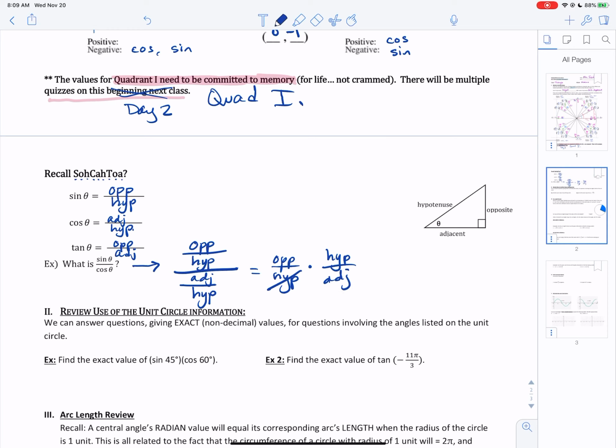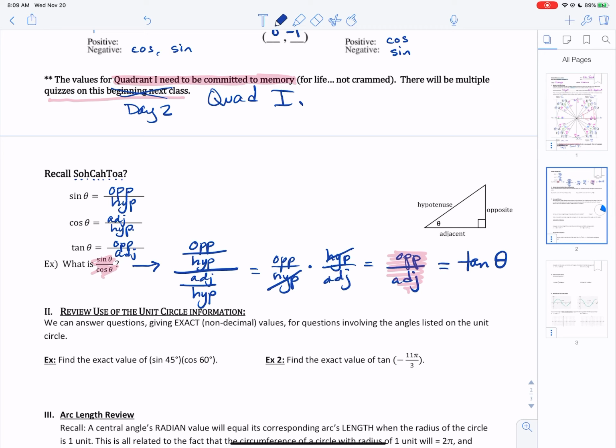Your hypotenuses cancel out, and you are left with opposite over adjacent. So, thus proving that sine over cosine is the same as opposite over adjacent, which is the same as tangent.